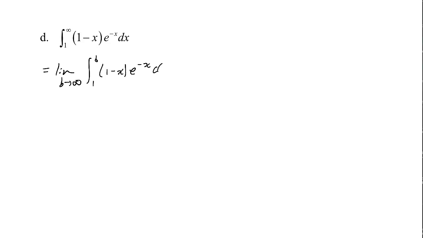Remember that it is uv minus the integral of v du, where I pick a u and a dv to set that equal to. This is our integration by parts rule.